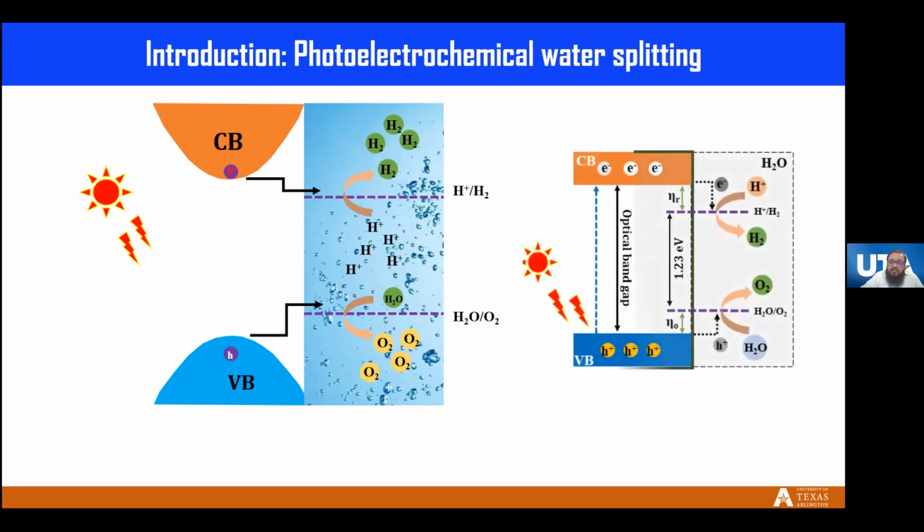Now, the main feature of this work is to focus on the material which performs this water splitting reaction. This is the solar absorbing material, where solar light is absorbed. It is also called a photo-electrocatalyst. There are some key properties that need to be maintained for efficient hydrogen production via water splitting.